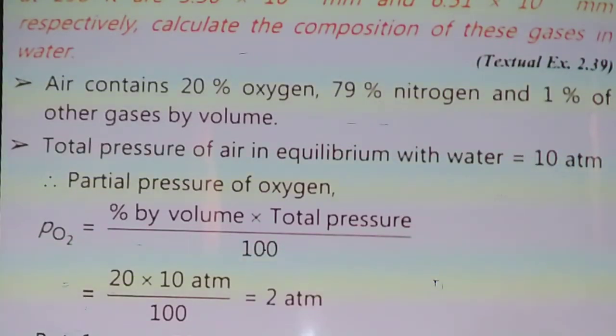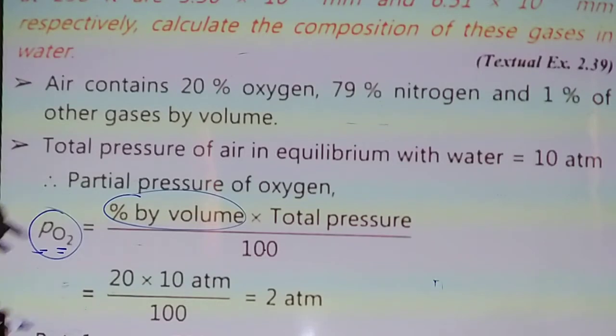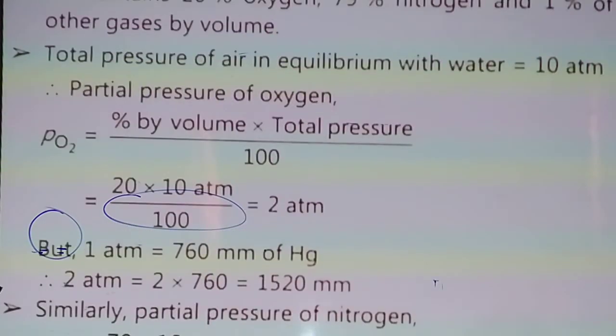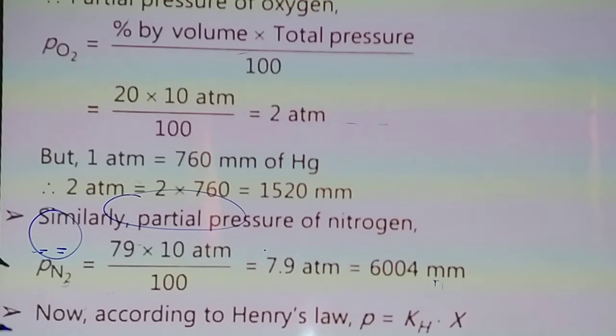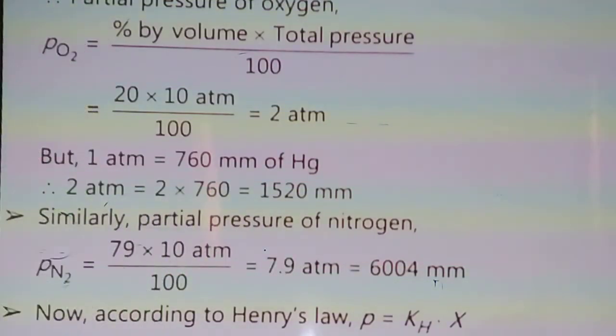Total pressure of air in equilibrium with water is 10. So the partial pressure of oxygen, this is the formula for getting partial pressure in a mixture of gases: percentage of the particular gas times total pressure upon 100. So 2 atmosphere. But 1 atm is equal to 760 millimeter of mercury, so 2 atm is equal to 1520.